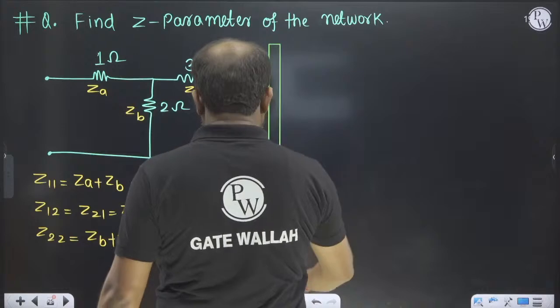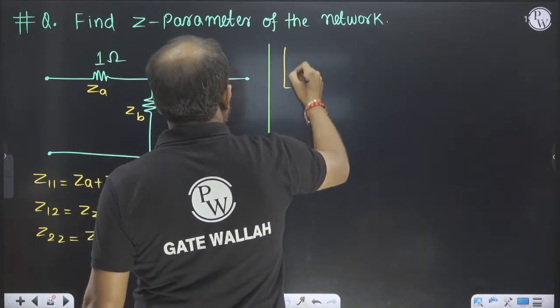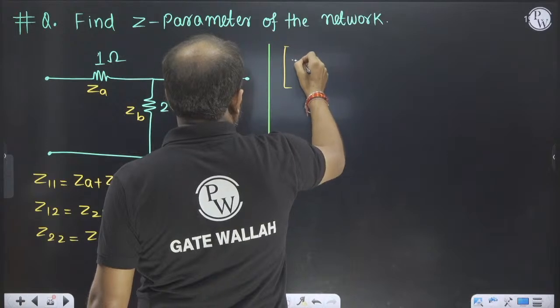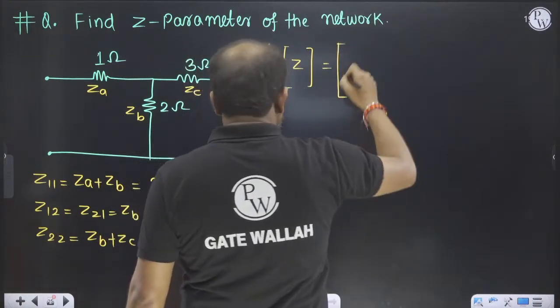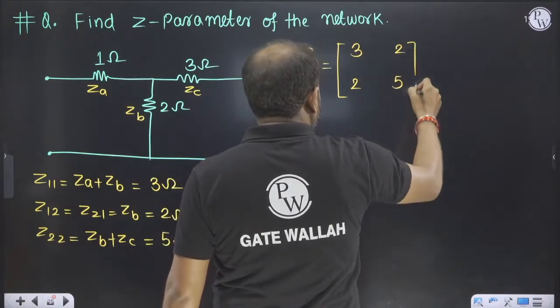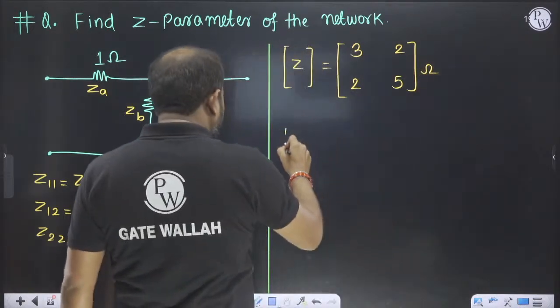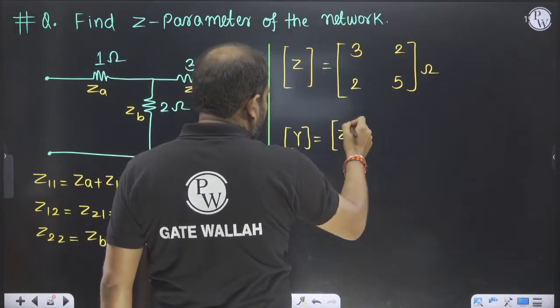So Z matrix will be 3, 2, 2 and 5. You can go through the Y matrix also. Y matrix is Z inverse.